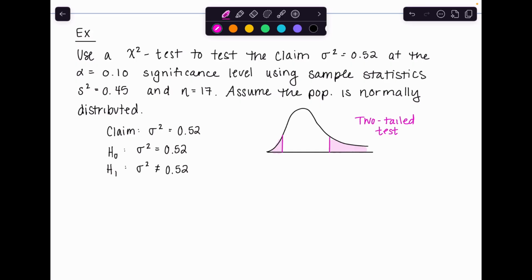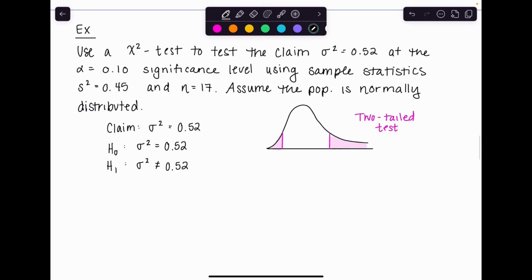Okay. So filling in all of our values, our sample size is 17, which means our degrees of freedom is 16. Our population variance comes from the claim, which is 0.52. And then our sample variance, they tell us, is 0.45. So we can find our test statistic first, and then we'll find those critical values.